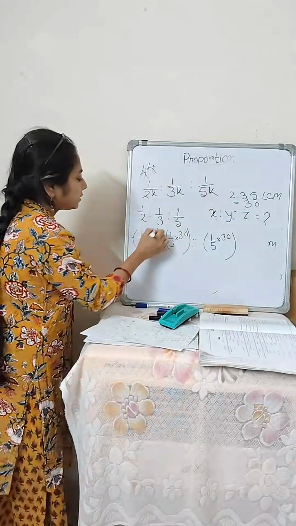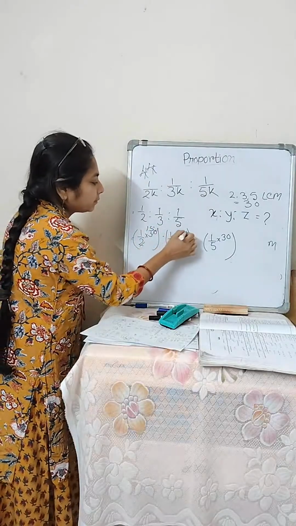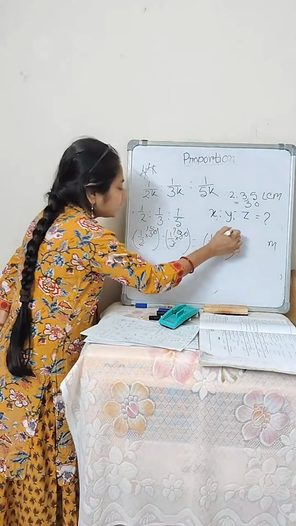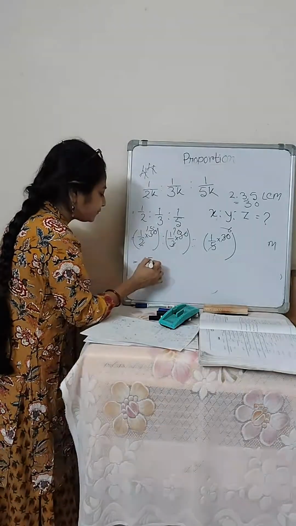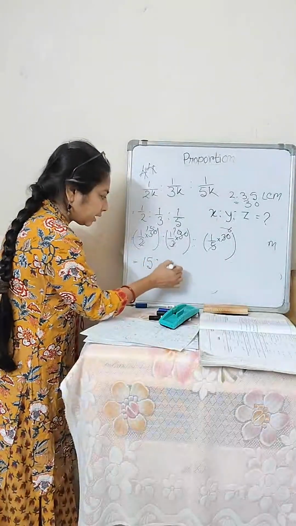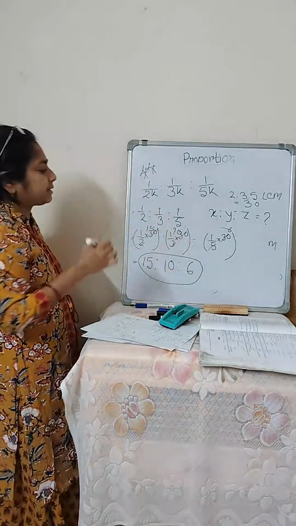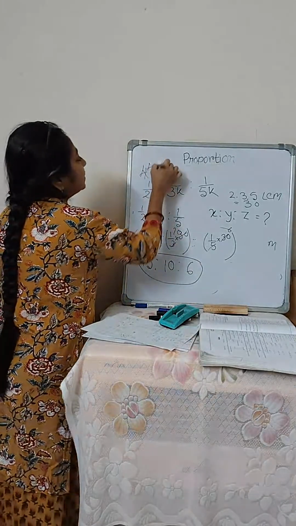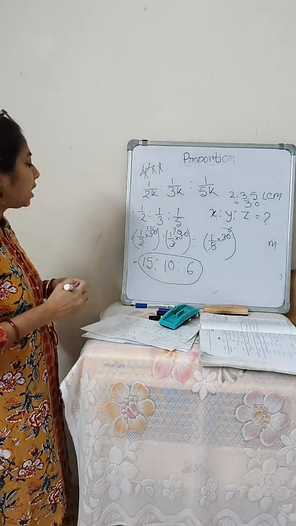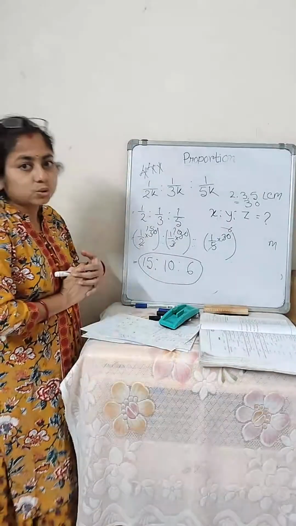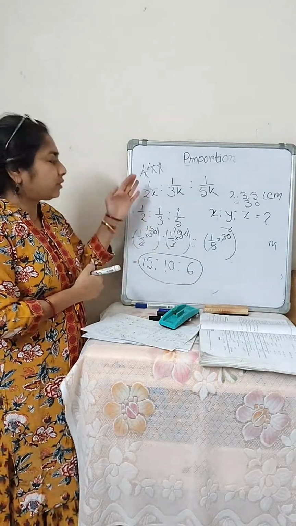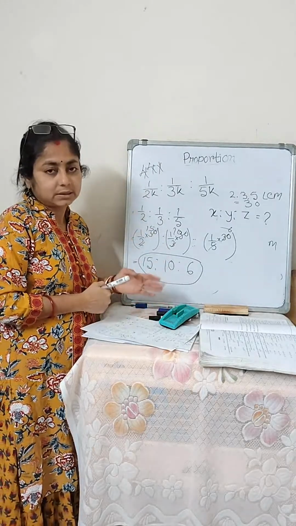They cancel it. 15, 10, 6. Last answer is 15 is to 10 is to 6. This is our final answer and give it a triple star. It is most important. 15 is to 10 is to 6. Please give a triple star. It is the most important maths in this chapter.